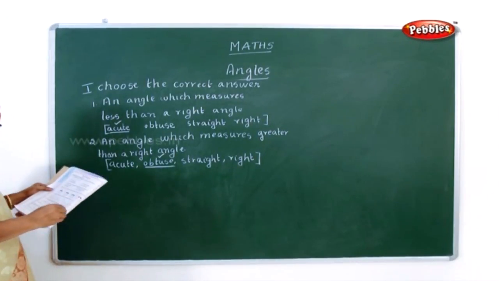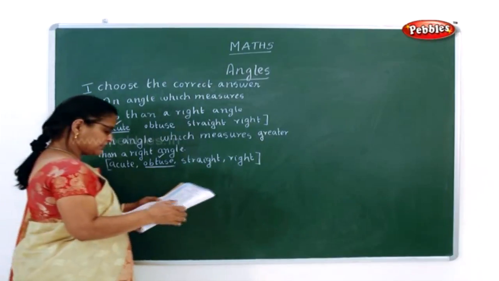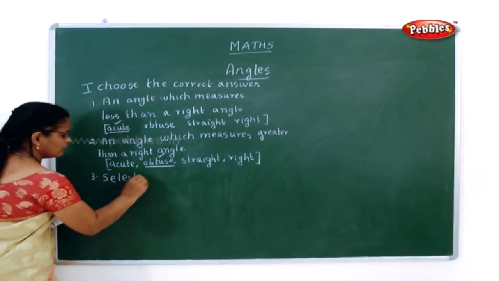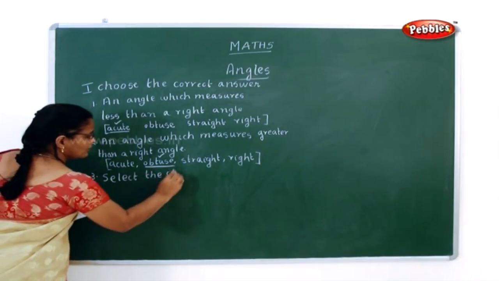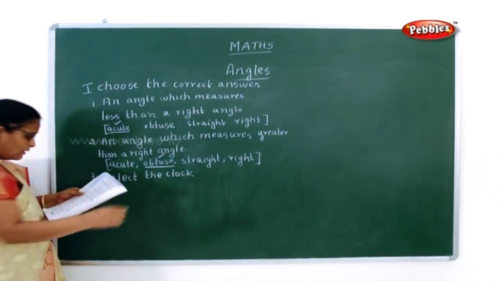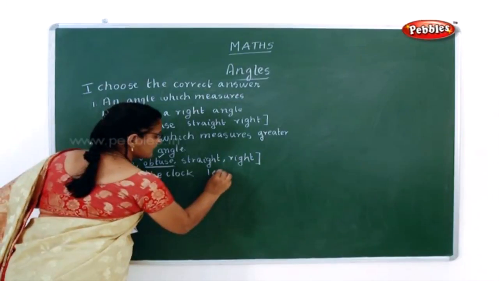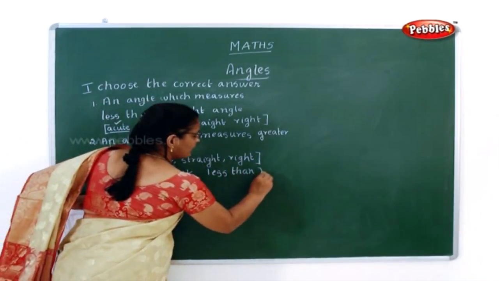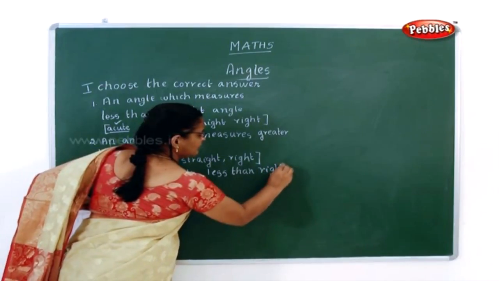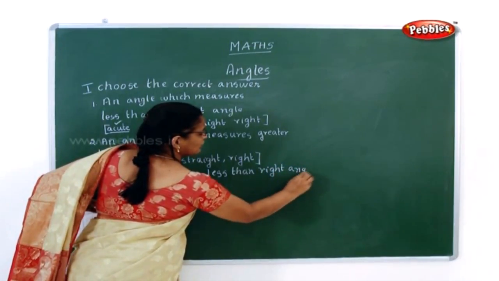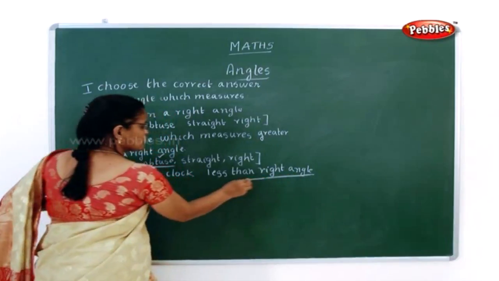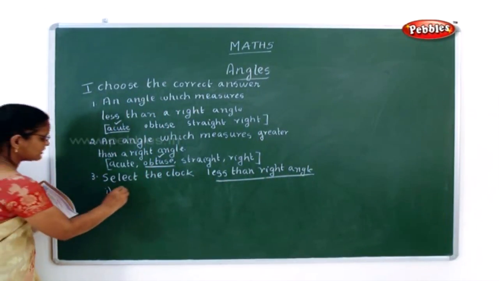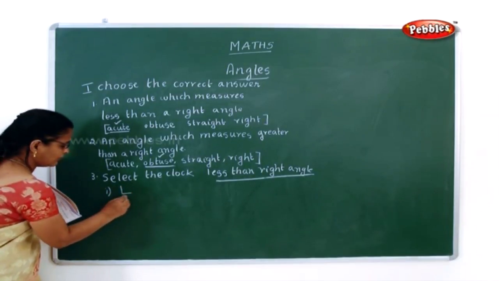Now for the third one, there is a clock. You have to select the clock that shows an angle less than the right angle. See, in the first figure, it is actually the right angle. So this is not the figure.